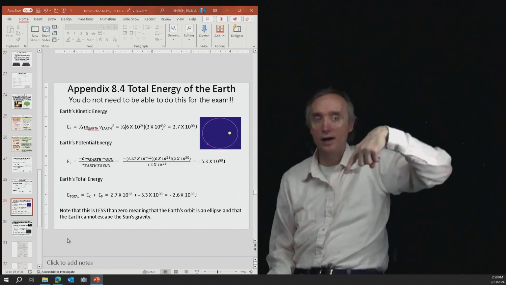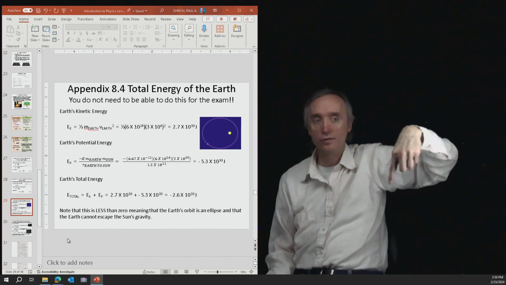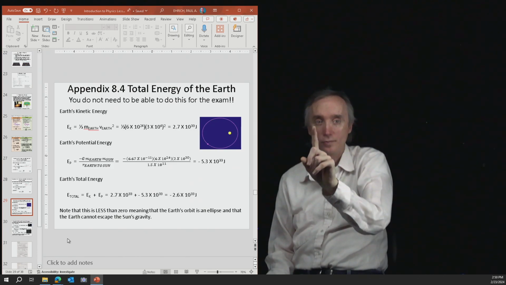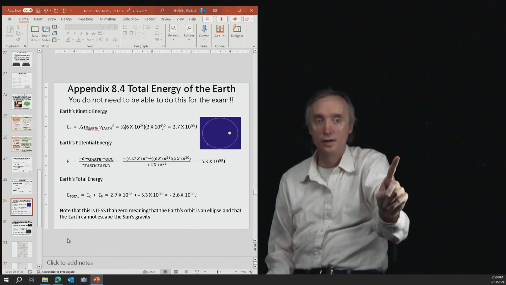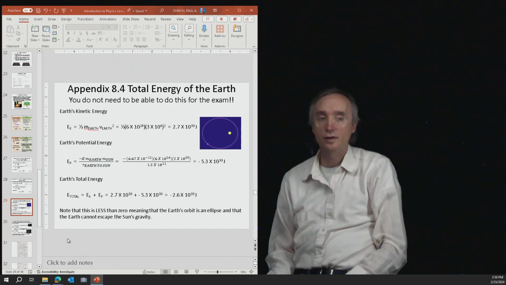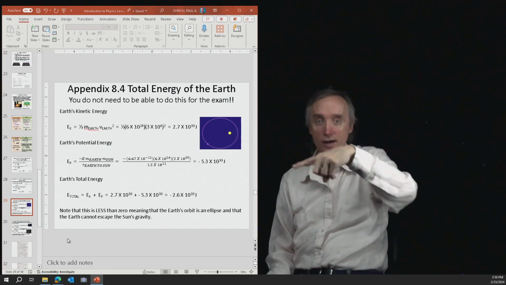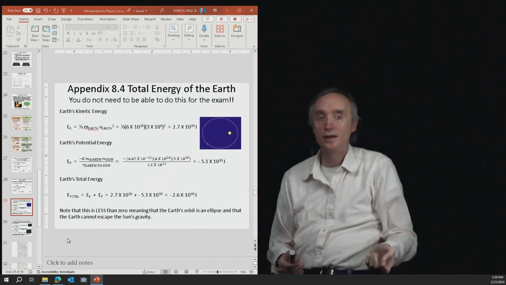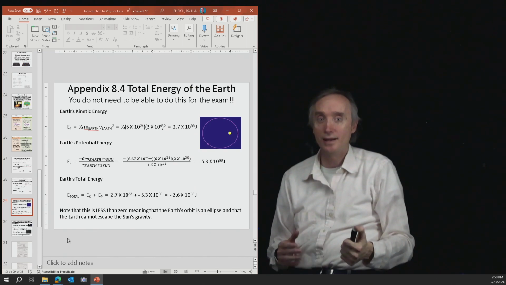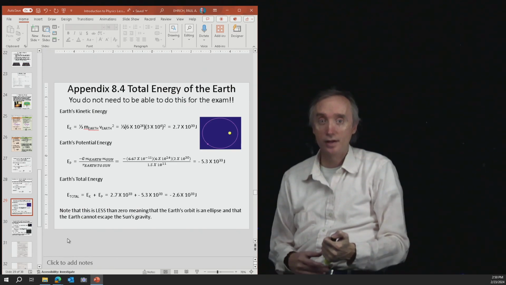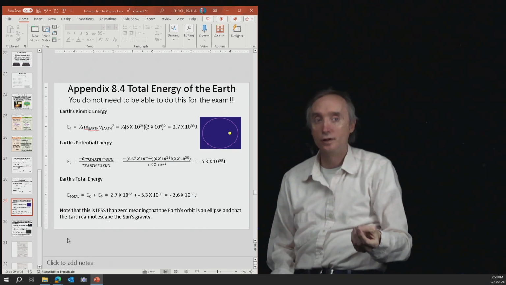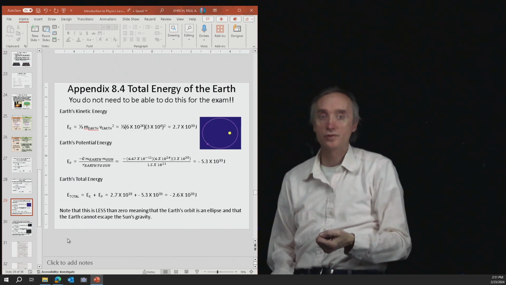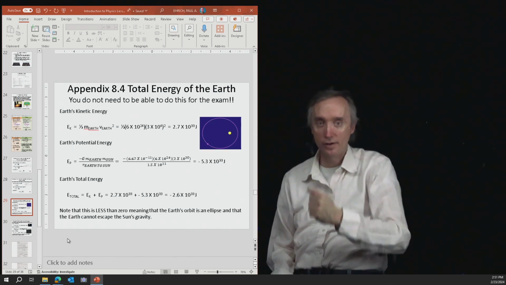By knowing how long it takes the Earth to go around the Sun, and by knowing the distance from the Sun to the Earth, I can figure out the speed of the Earth as it goes around the Sun. So once I've got the speed, I then can plug it into kinetic energy. So the kinetic energy is going to be 1/2 the mass of the Earth times the speed of the Earth squared. And there it is.